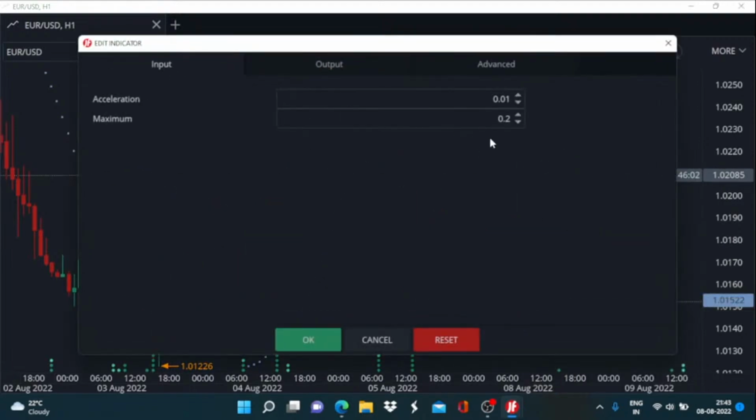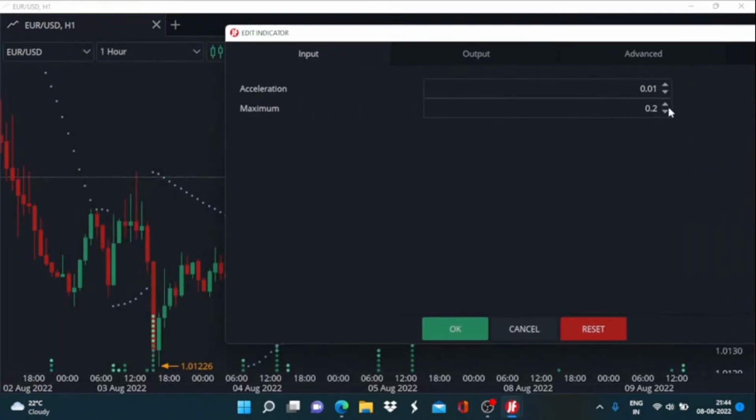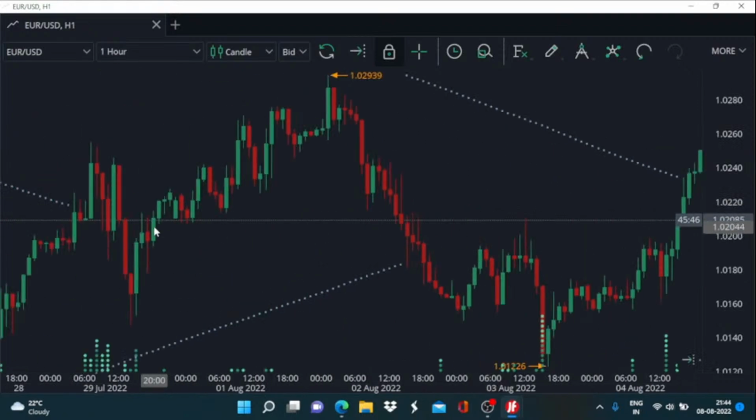Then comes the maximum value. We can play with that also. We can reduce it, we can increase it, and depending on what kind of formation we are using. Now here the maximum is 0.01.